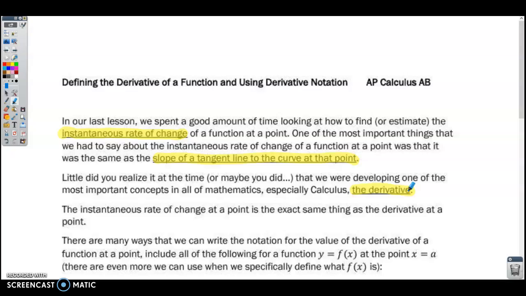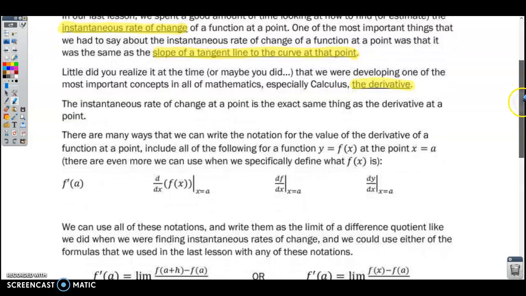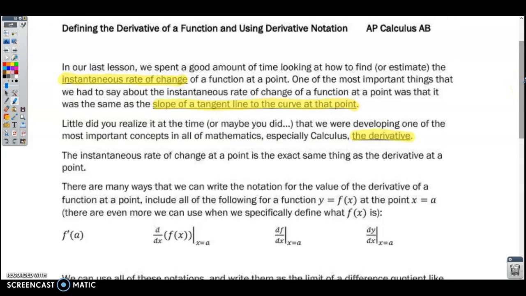Okay? There are a bunch of ways that we can write the derivative of a function at a point. All of these are included here. f prime of a, for the function, we're talking about y equals f of x at the point x equals a, the value of the derivative of y equals f of x at x equals a. And a bunch of ways we can write it. f prime of a, that's how we say this, f prime of a.